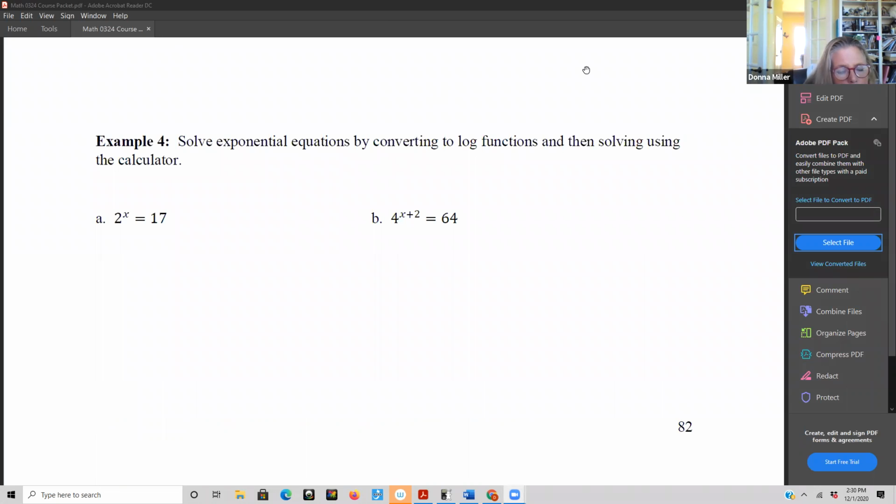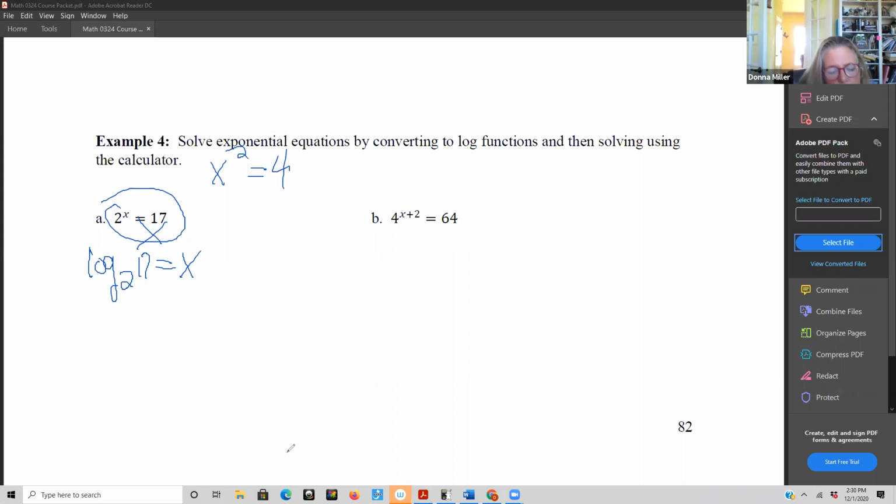So there's several ways that people solve these. Some people take the log of both sides, which is just a waste of time because you have the log base button in your calculator. So when I have the x upstairs, I can solve something like this. When the x is downstairs, I just take the square root, right? But when it's upstairs, I have to write a log. Remember, you keep the base. Switch these guys. Log base 2 of 17 equals x.